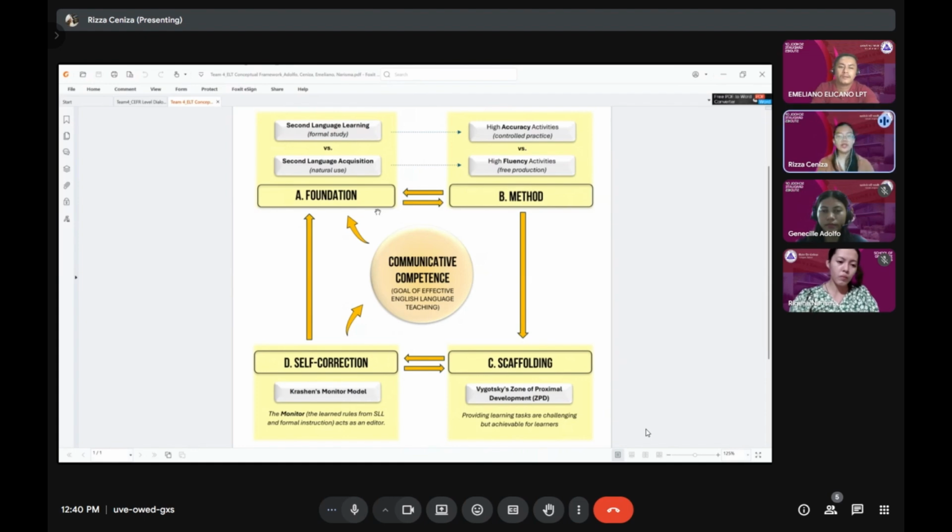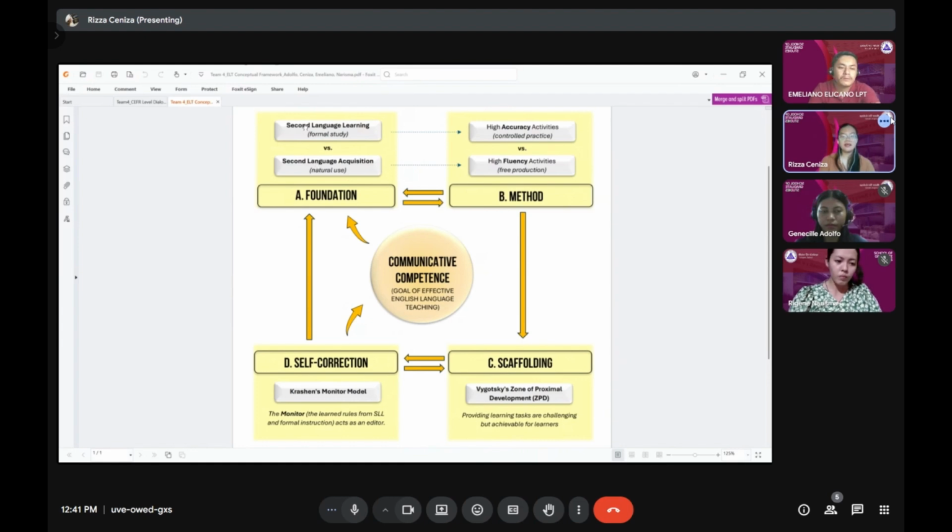Our framework starts with the core concepts that define how language enters the learners: the foundation and the method. The foundation relies on the balance between two concepts, SLL, or second language learning, and SLA, or second language acquisition.